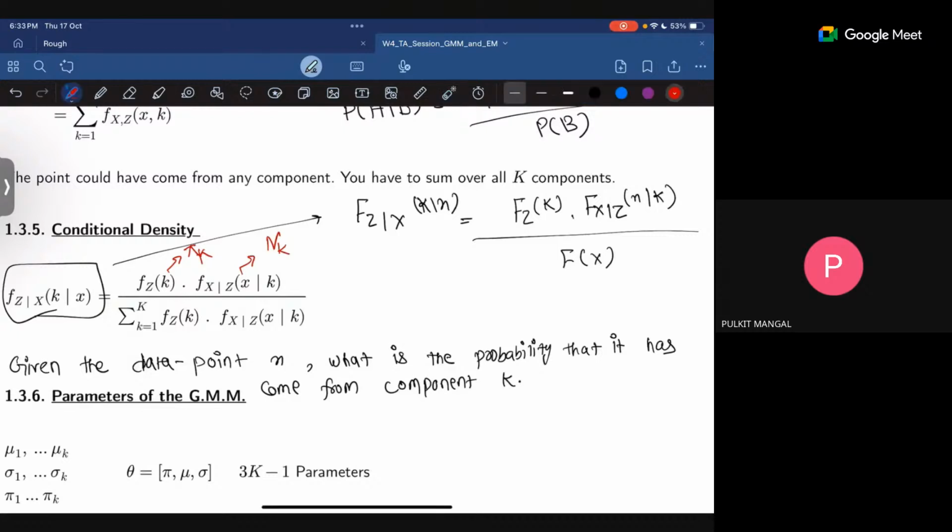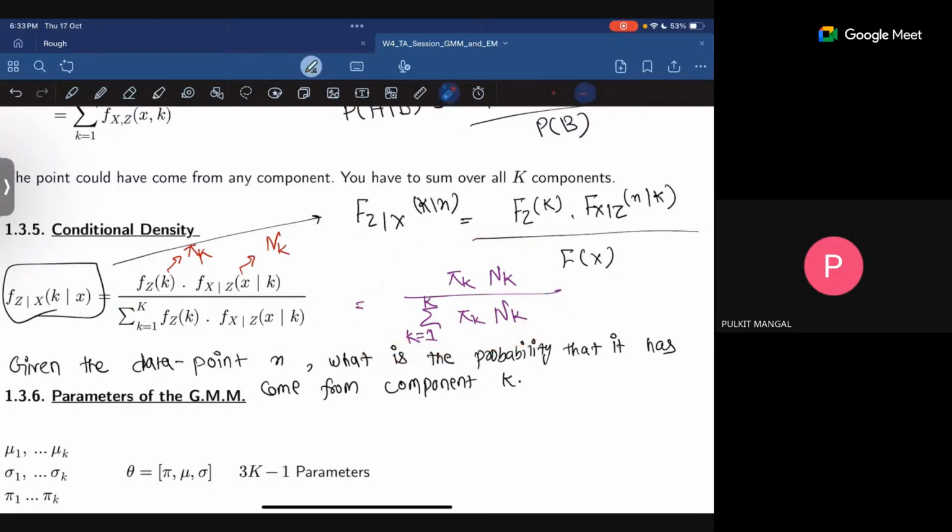So maybe in better terms, you can write this probability as, let's say, pi k nk divided by the sum over i equal to 1 till k of pi k nk.